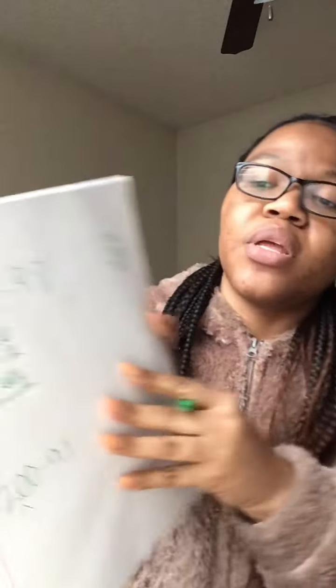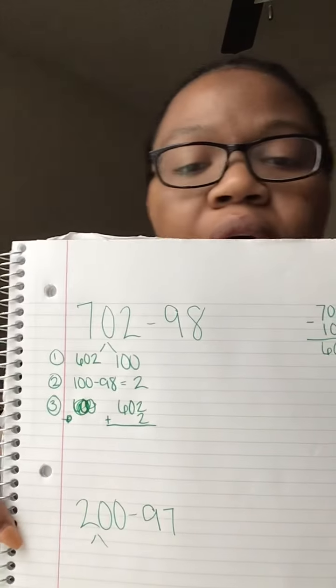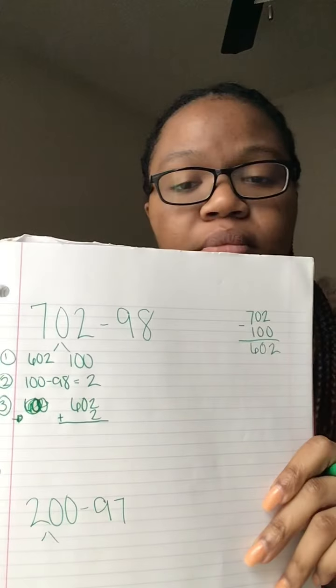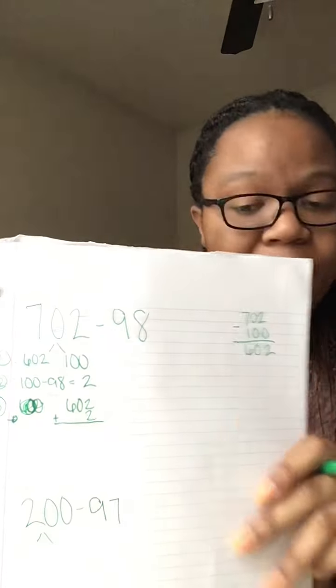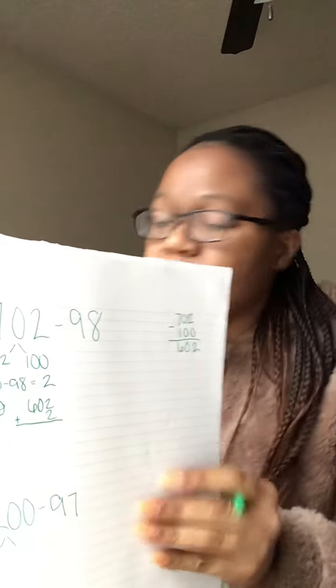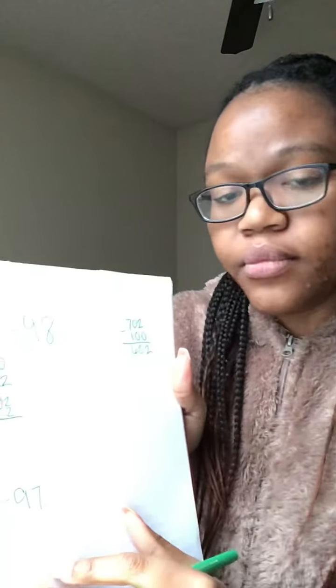But I'm going to go ahead and set it up because, like I said, I am a visual learner. I gotta see for myself instead of just doing everything in my head. So this is what it looks like. 602 plus 2. Let's do it step by step. Look at that ones lane. 2 plus 2 equals 4.